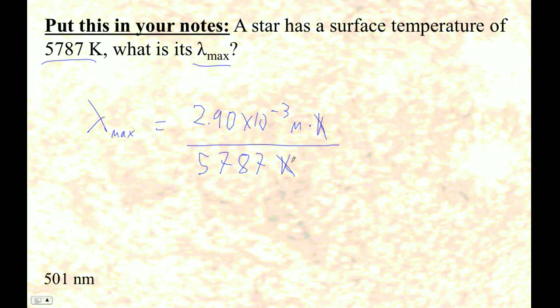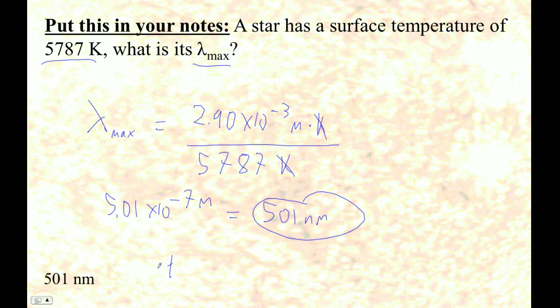So 2.9 e minus 3 divided by 5,787, and I'm getting 5.01 times 10 to the minus 7th meters, which, if you remember, is 501 nanometers.